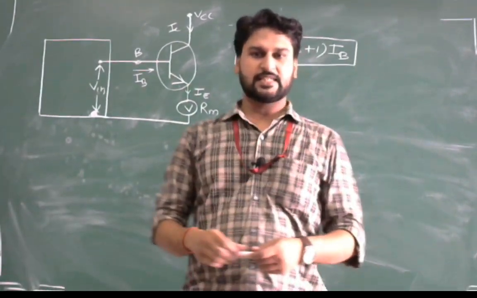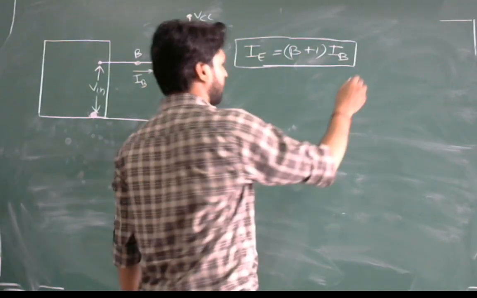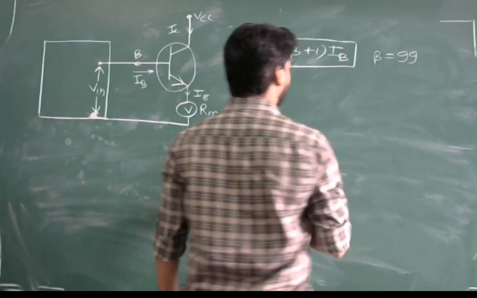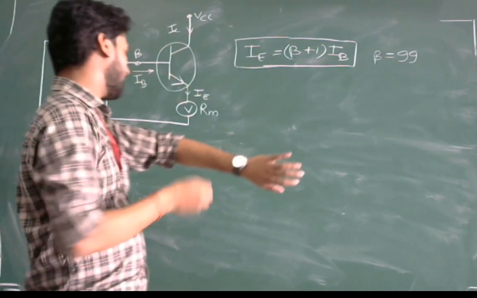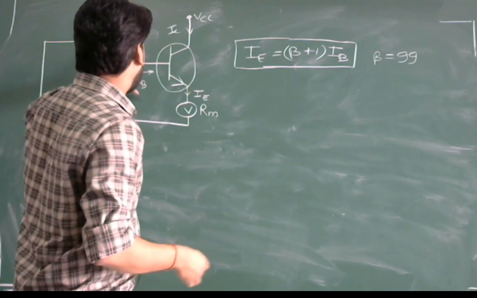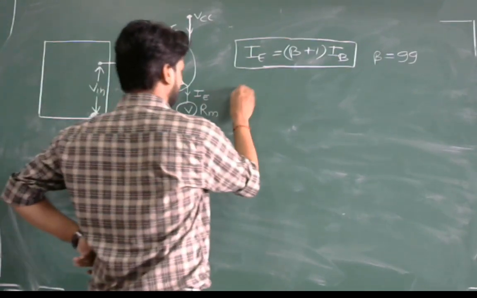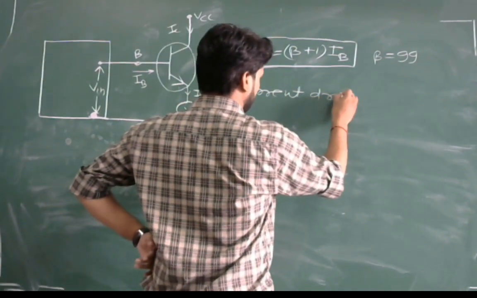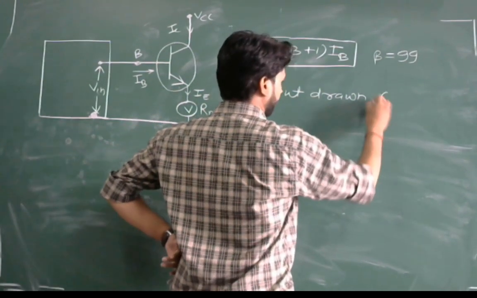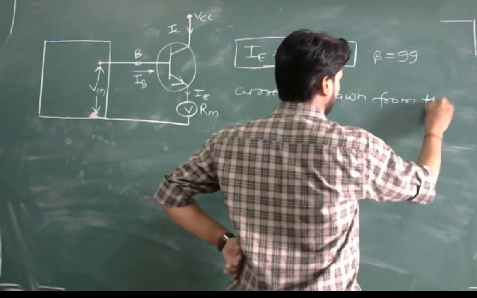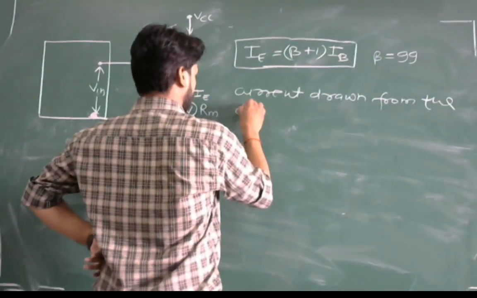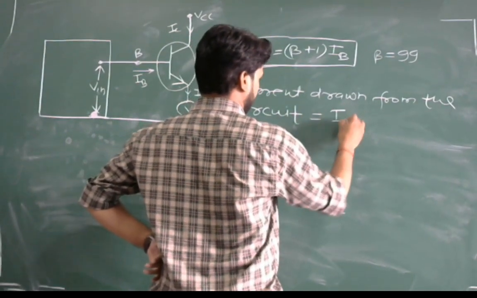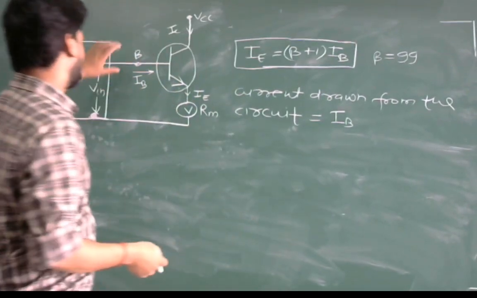In practical cases, the value of beta may be 99. If the value of beta is 99, then the current drawn from the circuit is IB.